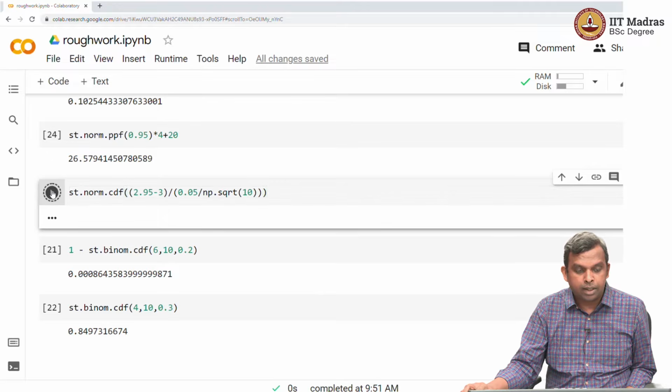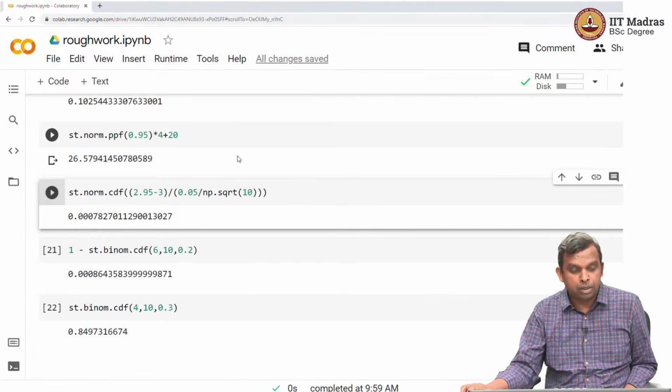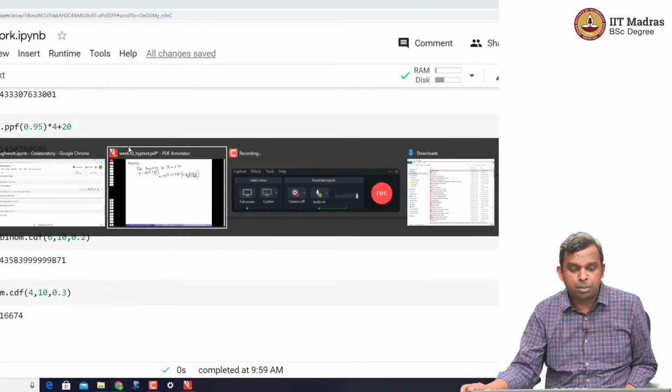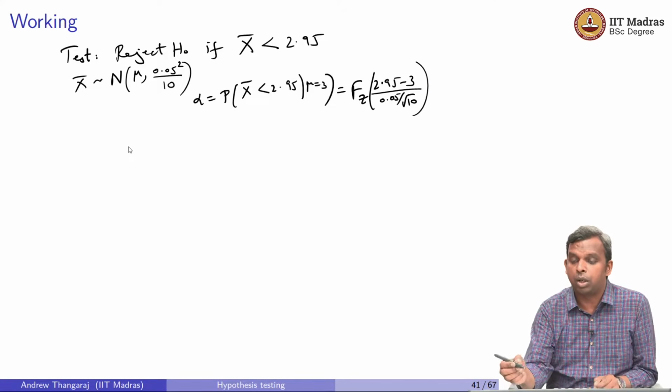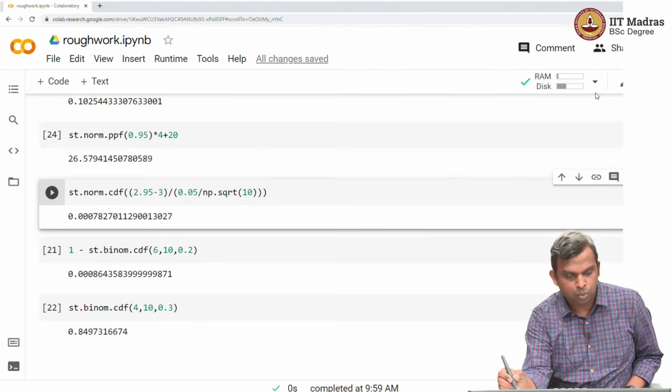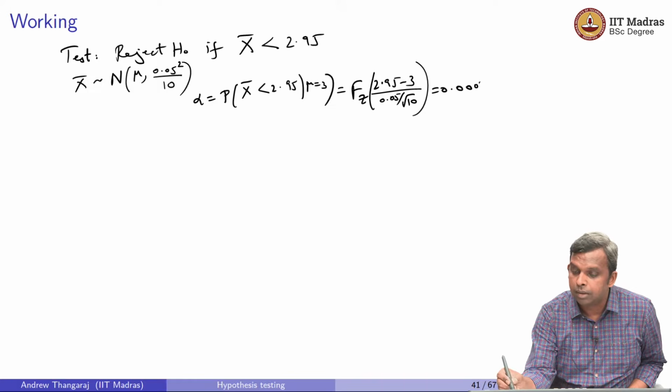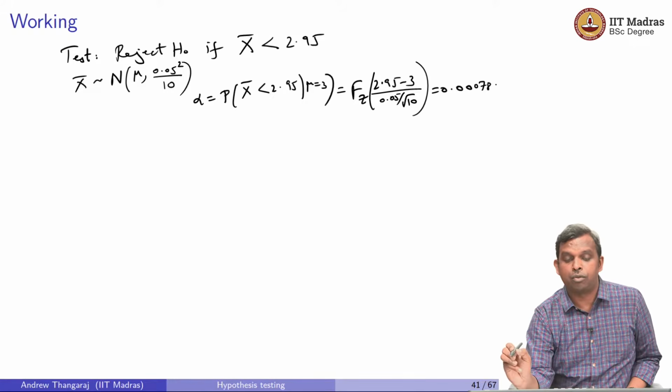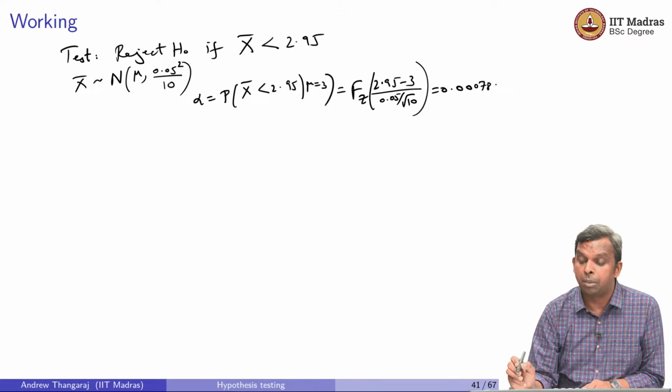I think everything is right. You got 7.8 times 10 to the power minus 4, so 0.00078. That's pretty good. You've got a good process going on. So this alpha works out quite reasonable.